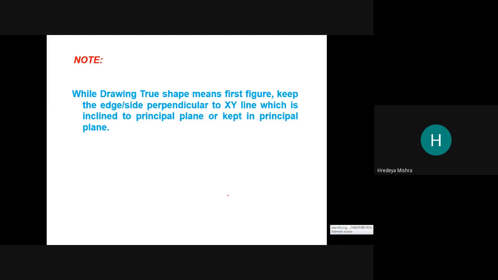So in the projection of a plane, we get 3 front views and 3 top views according to the condition given in the problem. Now this is a problem. Rectangle 30 mm and 50 mm, meaning 30 mm width and 50 mm length. A side is resting on the horizontal plane, meaning a side is on the xy line.